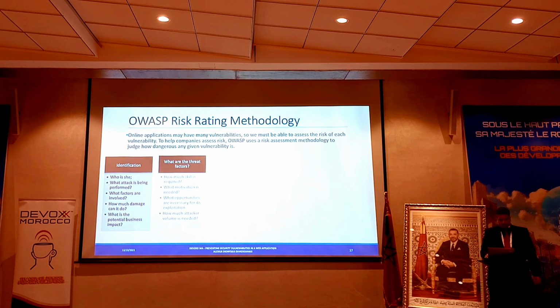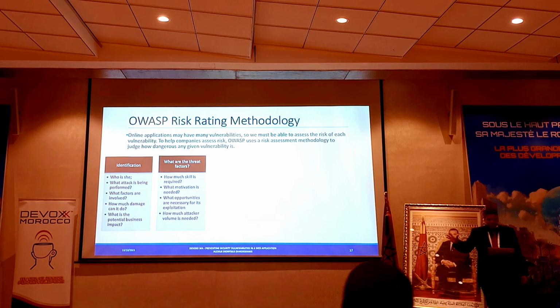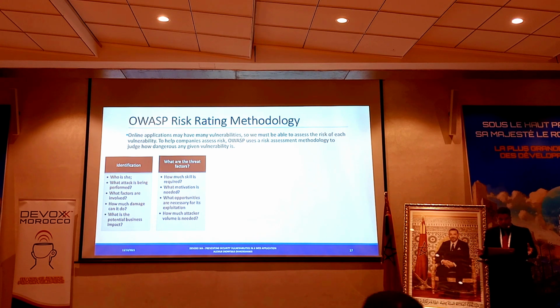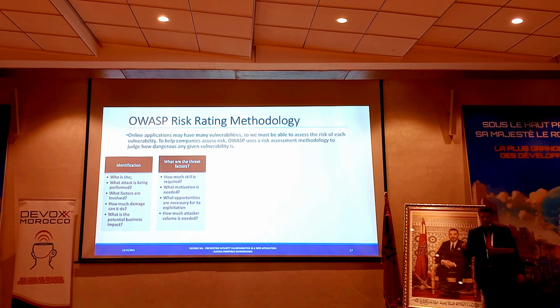What are the threat factors? What does this mean? How much skill is required? For example, if you need to be a high-end hacker to be able to make the attack, and your application is not that important, maybe the risk is lower than you think. What are the opportunities and what is the motivation behind the attack? And last but not least, how much attacker volume is needed?